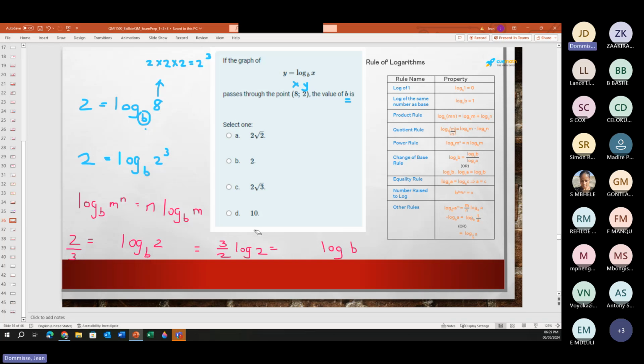Okay, so why is this not working? Because that is definitely not one of those answers. 2 to the power of 3 is 8, that is x. X is 8 and y is 2.